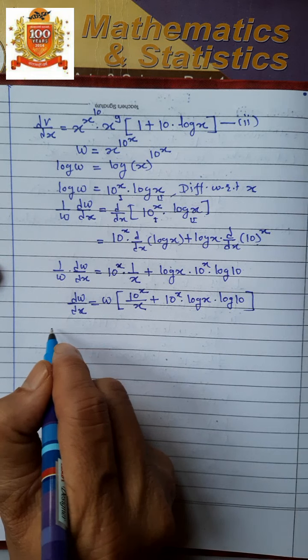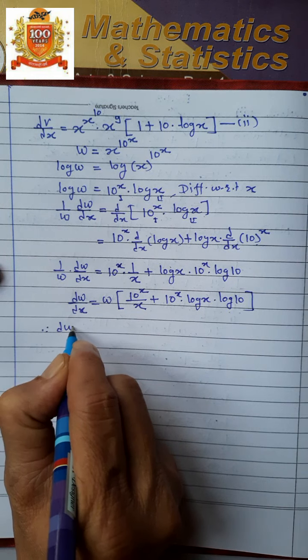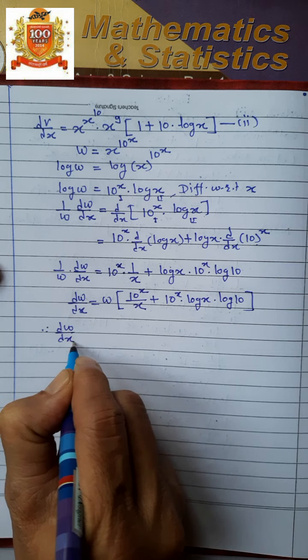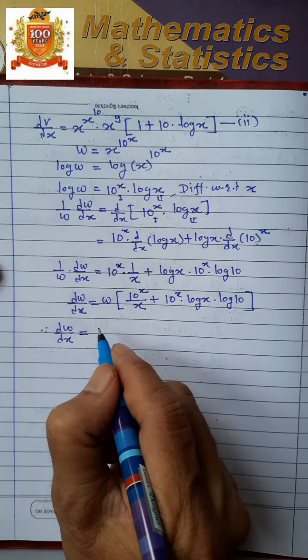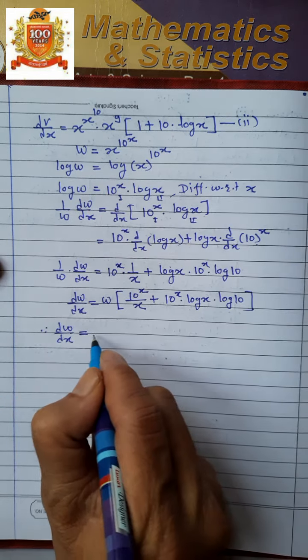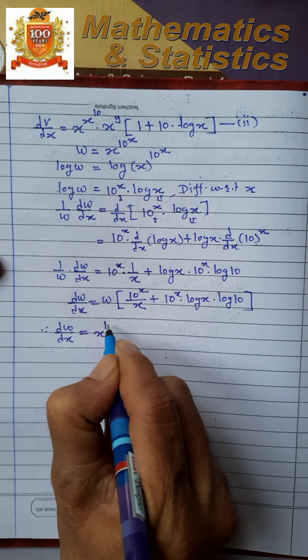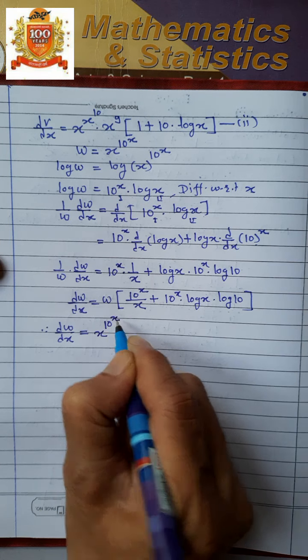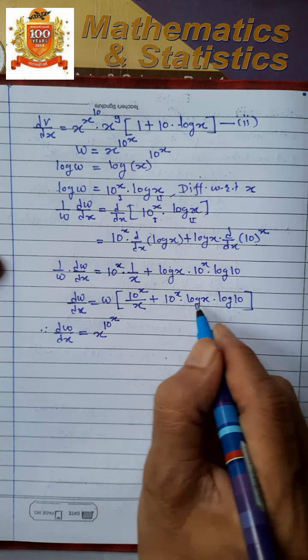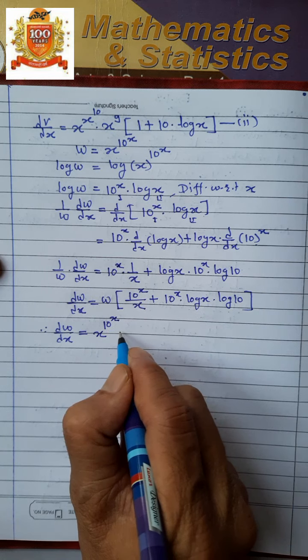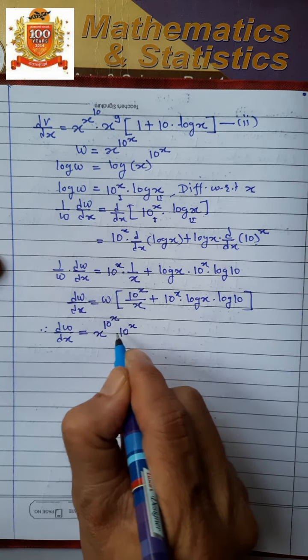Now therefore dw by dx is equal, put the value of w, this x raised to power 10 raised to power x. Now you can take out 10 raised to power x as a common.